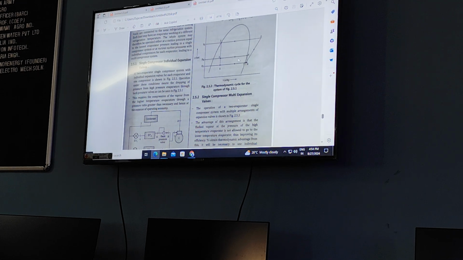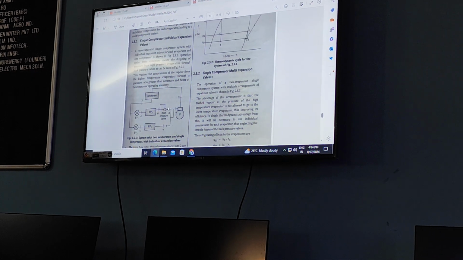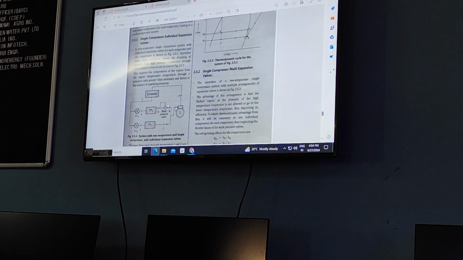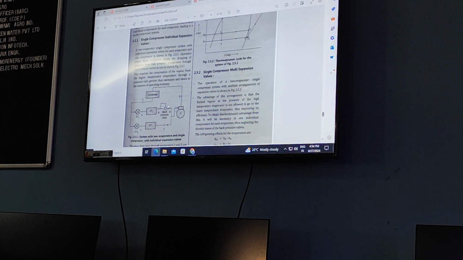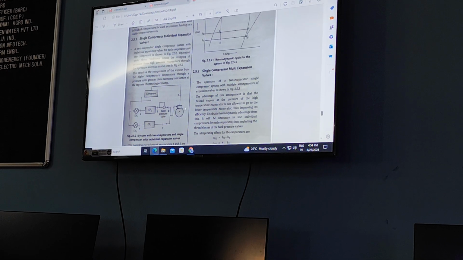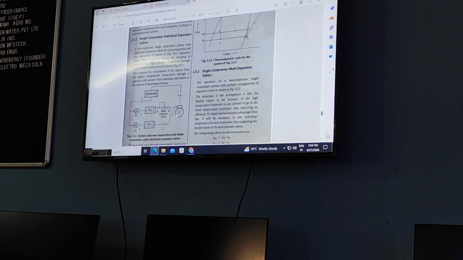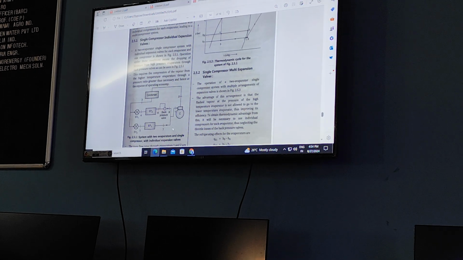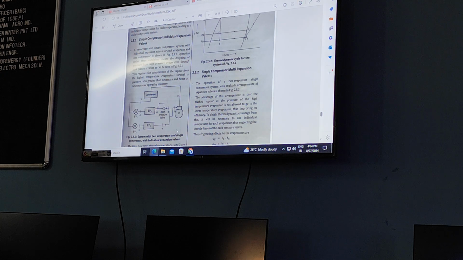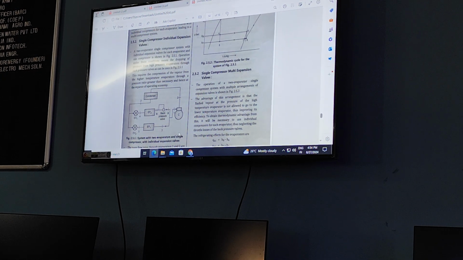What is this back pressure valve, and what is its purpose? It is also called PRV, pressure reducing or regulating valve. Why are we reducing the pressure here? Because only a single compressor is used, and its suction pressure should be the same. But the input of the compressor is not one evaporator, it is two evaporators, so the output of both evaporators should have the same pressure.